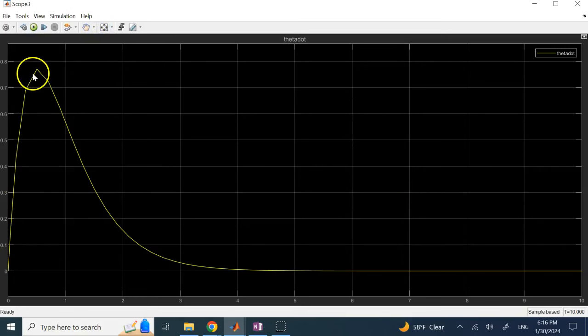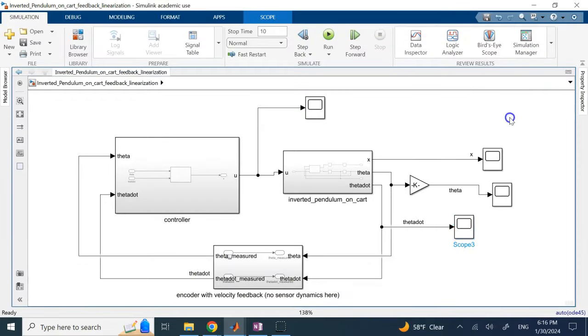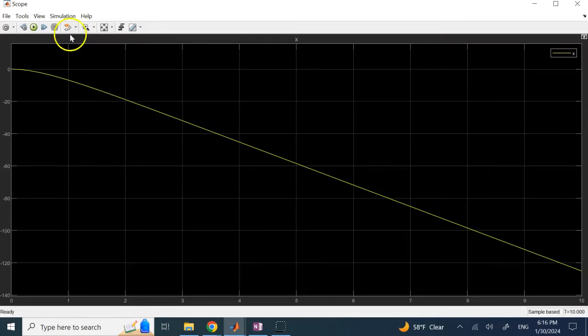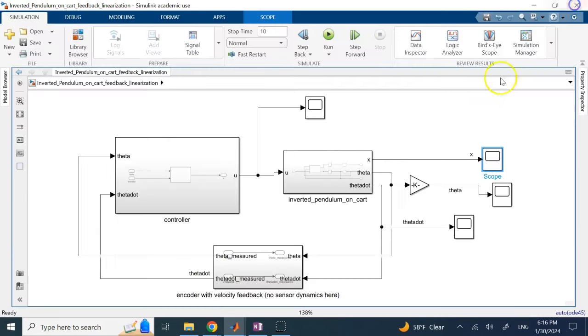So you see, initially I get some initial theta dot, and then exponentially it goes to what after 3 or 4 seconds. So my system will go to 0 angle and stays there, but X is not under my control. You can see that X during these 10 seconds has already moved negative 120. Okay, so X is out of your control.